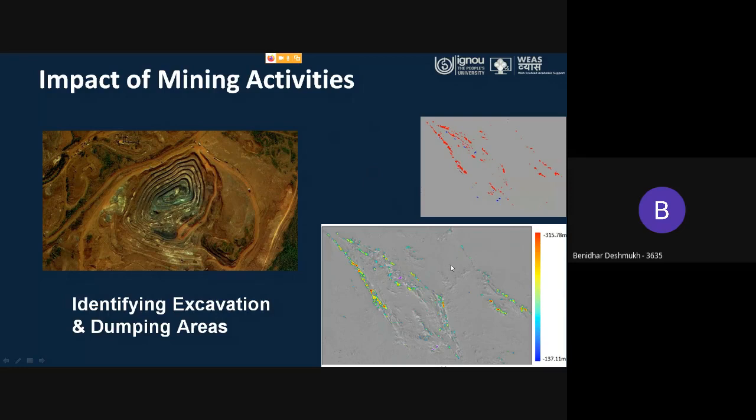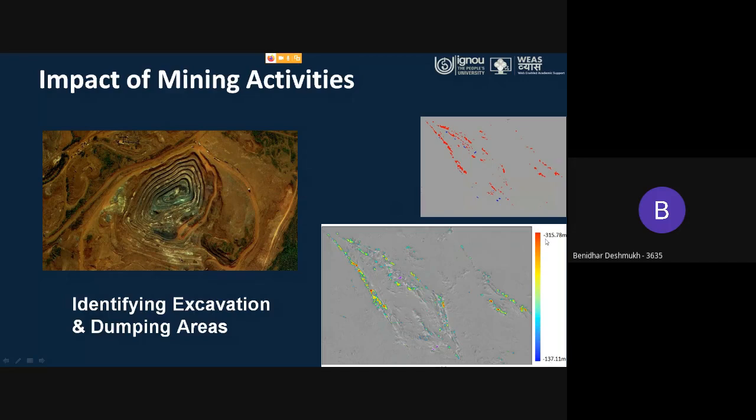But when we have multiple digital elevation models, we can use those to understand with time how much excavation has taken place, or at what height the dumping has taken place. So we can understand to what level the excavation has been done.